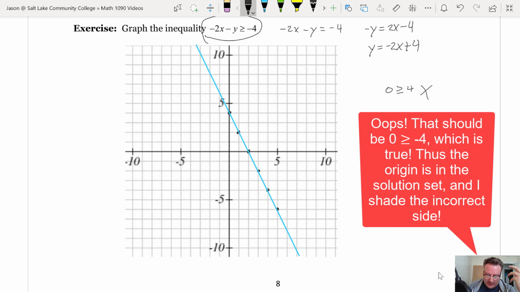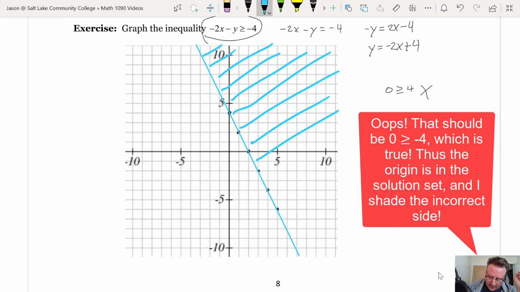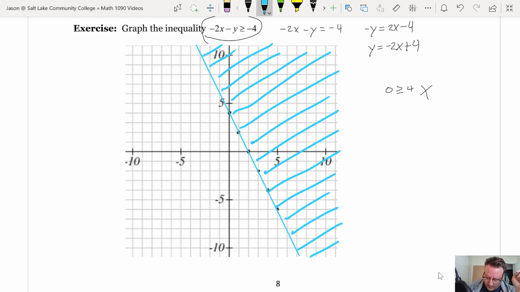Thus, the points that do satisfy the inequality are on the other side of that line, in other words, above it. So we'll do cross-hatching like this to indicate that all of these points over here are in the solution set. Okay.